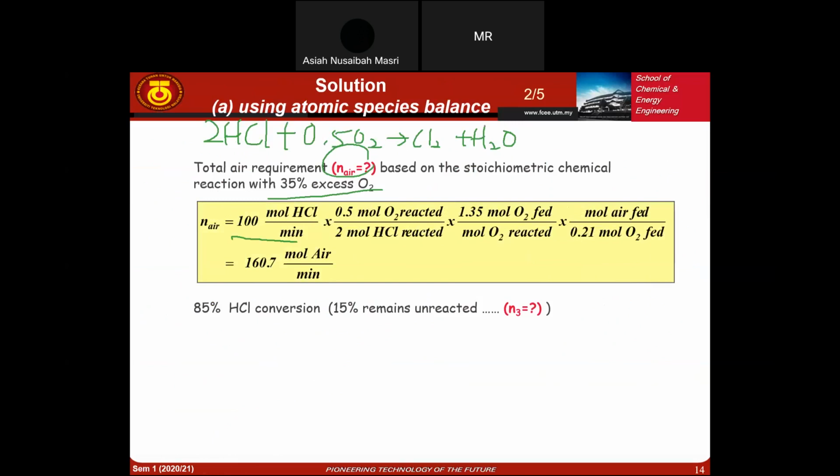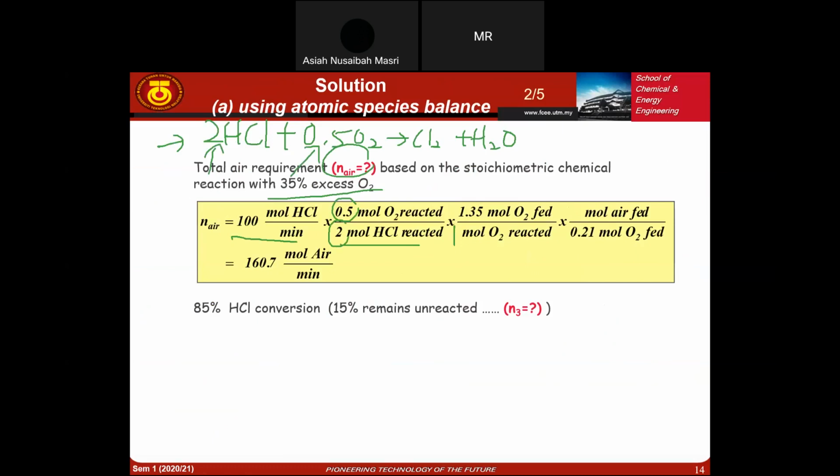And from the equation, we can see that for every 2 mole of HCl reacted, 0.5 mole of oxygen should be reacted. Then we know that we are supposed to feed only 100% of oxygen, or 1 mole oxygen, but we feed excess 35%.